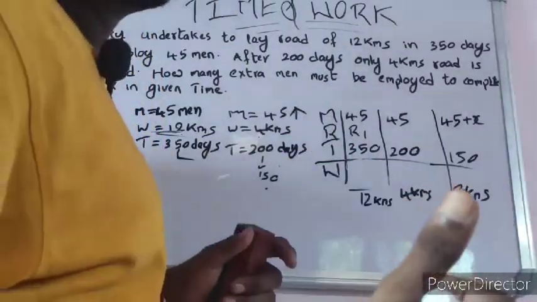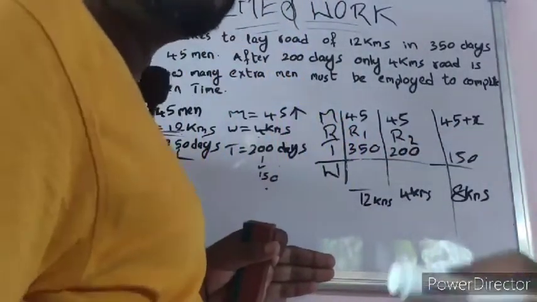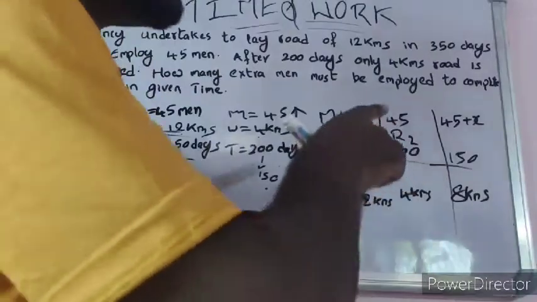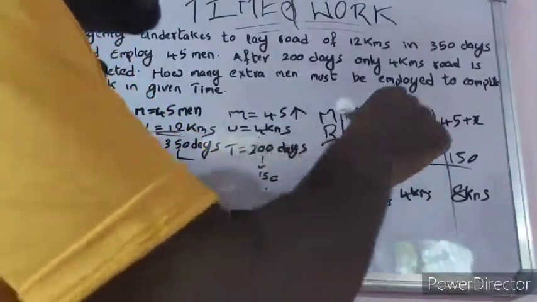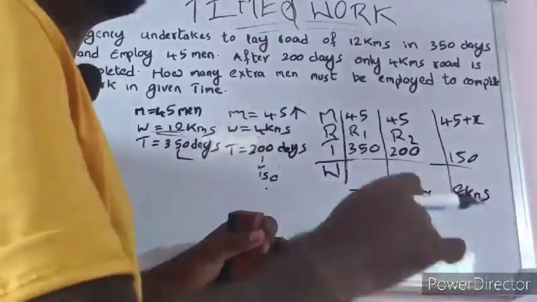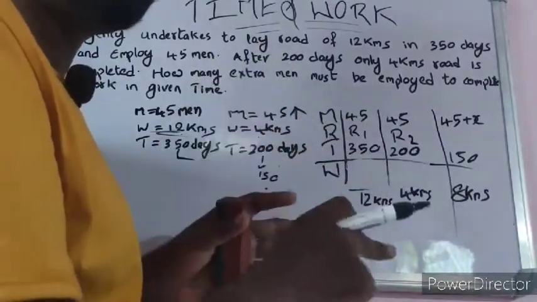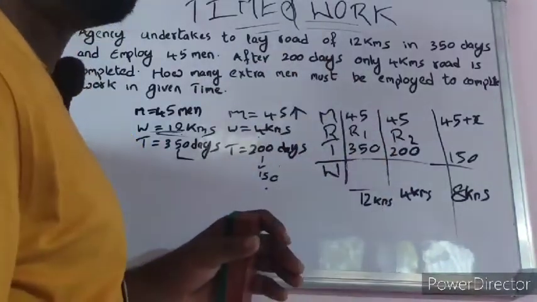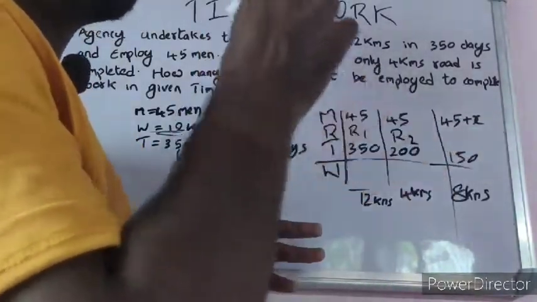So what we need to do is, due to change in rate, everything happened. If the rate had been the same, the work would have been completed in the same time, but as the rate was different, there was a time gap.